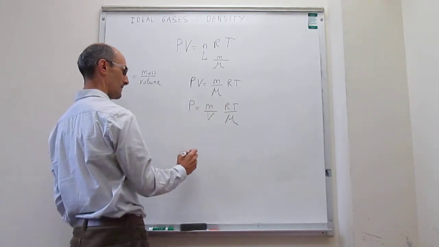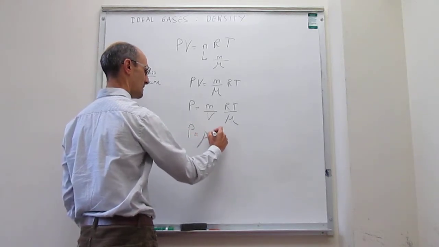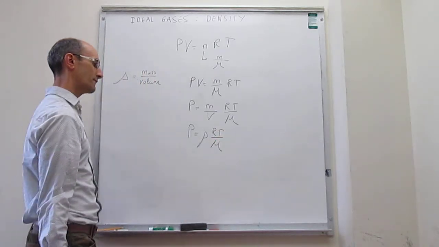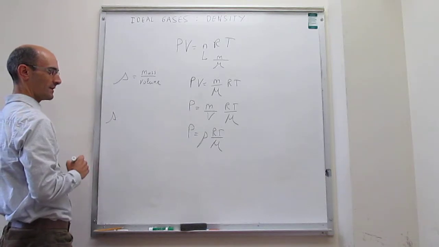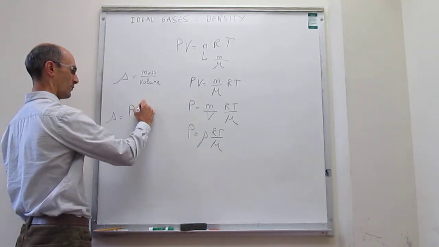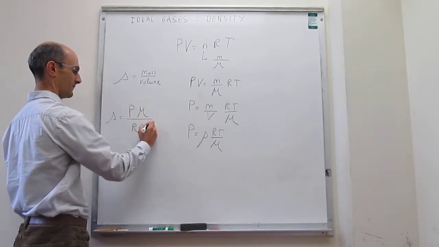So the next step is the pressure is equal to the density, RT, over the molar mass. And finally, if we solve for the density, we find that the density of a gas is equal to the pressure multiplied by the molar mass of the gas over R times T.